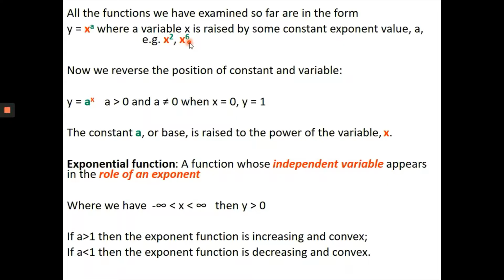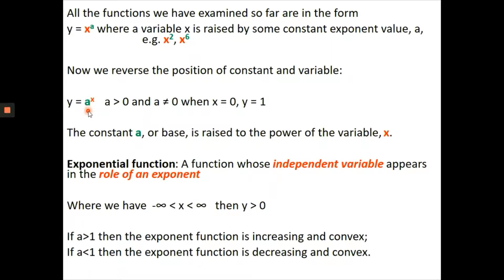What we do now is we reverse the position of the constant and the variable. So instead of y equals x to the power of a, we will have something like this: y equals a to the power of x. So the constant is the base, a here would be the base, and it is raised to the power of the variable. So the variable now appears in the exponent.